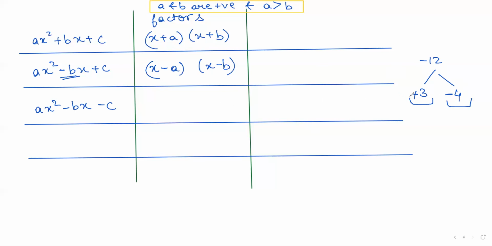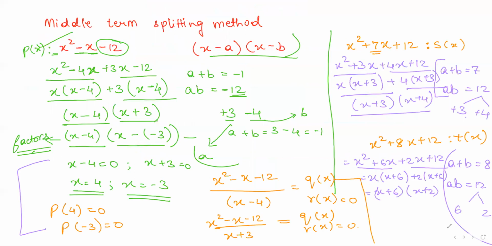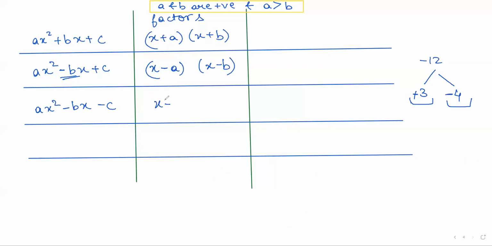Your smaller number is positive, greater number is negative.